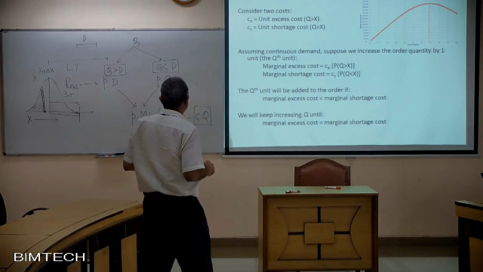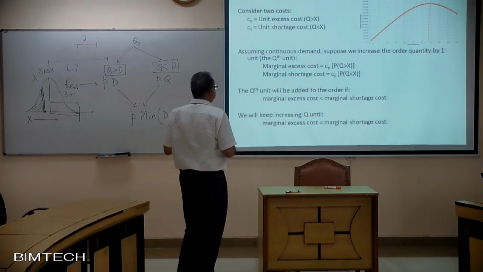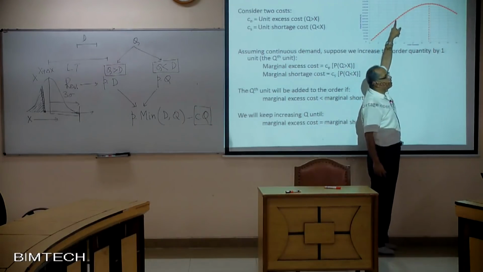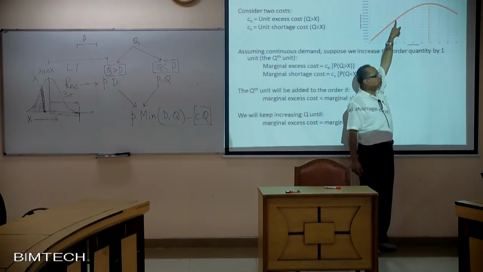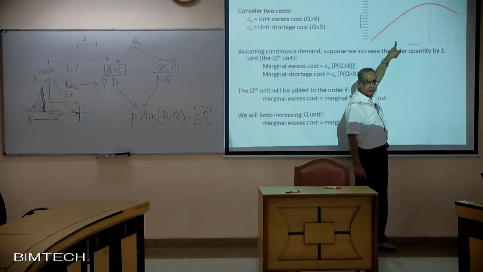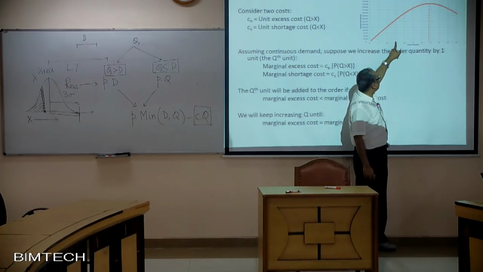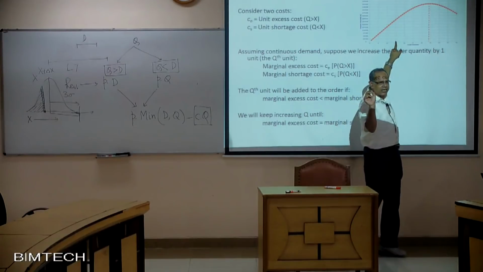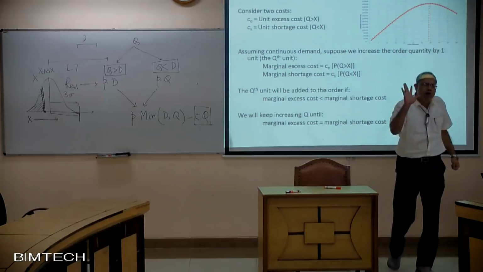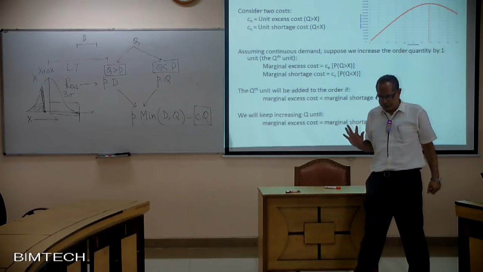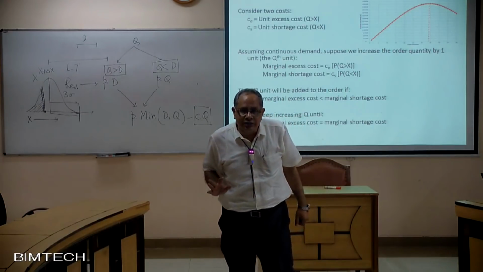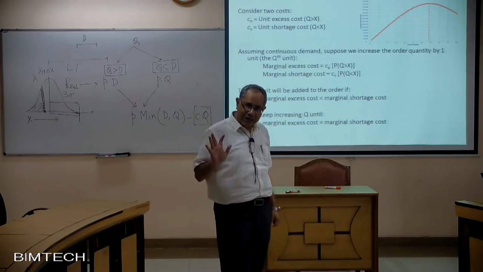Okay? Now here we are. Suppose our order quantity is here. Let's say this is our order quantity. And I am just deciding whether to order one more unit or not. Let's call this one more unit the Qth unit. Okay, Q can be any unit.